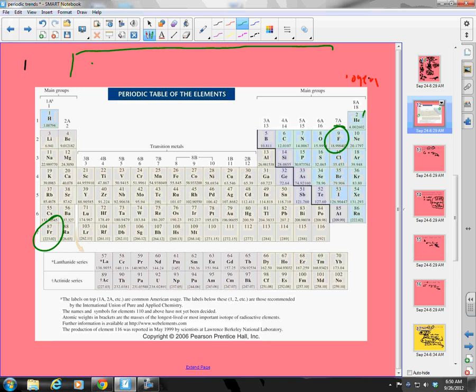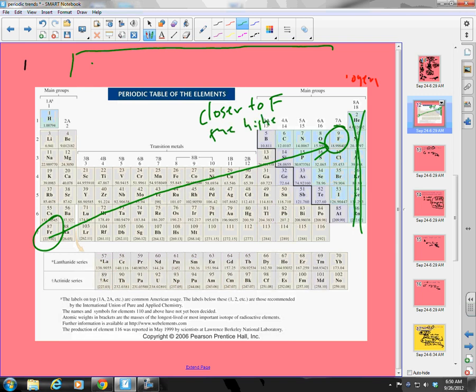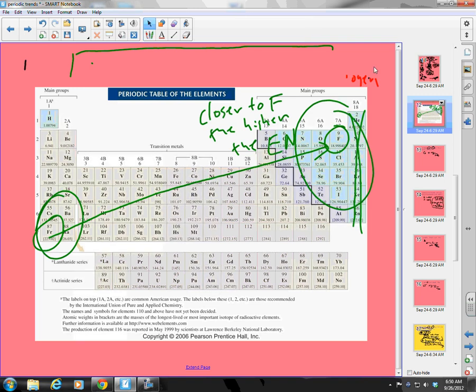Once again, we ignore my noble gases, and the trend is this way. So, rule of thumb, the closer to fluorine, the higher the electronegativity, En. So if you're way over here by francium, it's low. If you're up here, it's high. Got it? Let's answer our question.